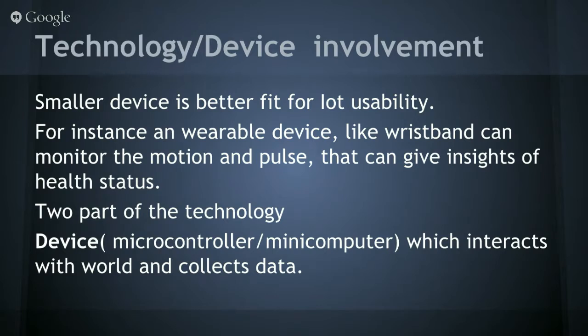It identifies your hand pattern, how your hand is moving, how your fingers are moving. This small chip can be placed on any part of you. It can be in garments. So smaller devices are a better fit for IoT usability. Bigger devices are for industrial use, but for human interaction we need smaller devices.